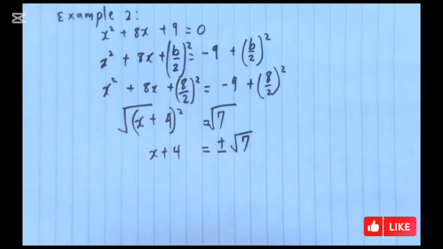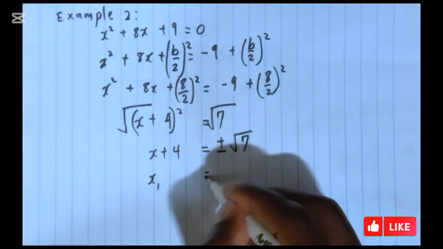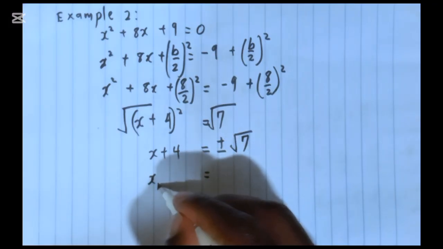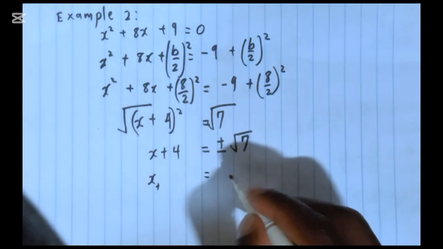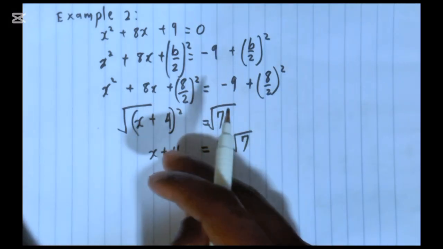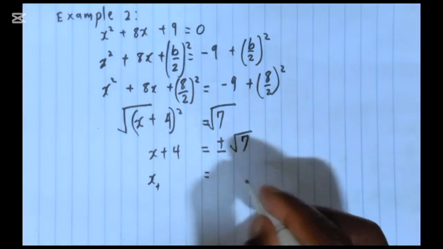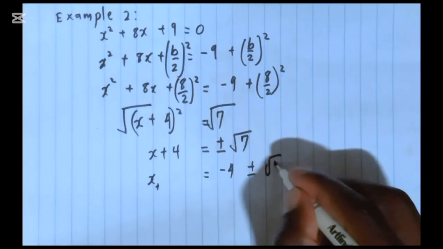Because in this particular case, negative root 7 also happens to be a solution. For us to find the value of x1, let us not go straight to x1. Let us first make x the subject of the formula so that it's easier. We take positive 4 to the right hand side, and so that's going to be negative 4 plus or minus root 7.